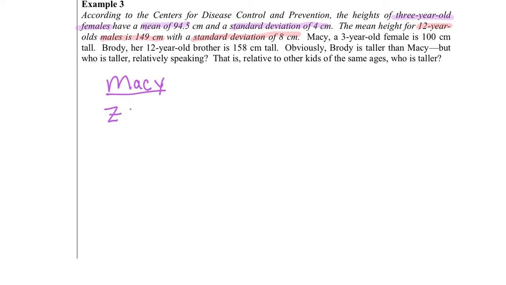Let's start with Macy's z-score so that we can compare these two. Start with her actual height, which was 100 centimeters. Subtract the mean height of all 3-year-olds and divide that by the given standard deviation. So Macy's height is 1.375 standard deviations above the mean. Let's put that into context like we talked about earlier.